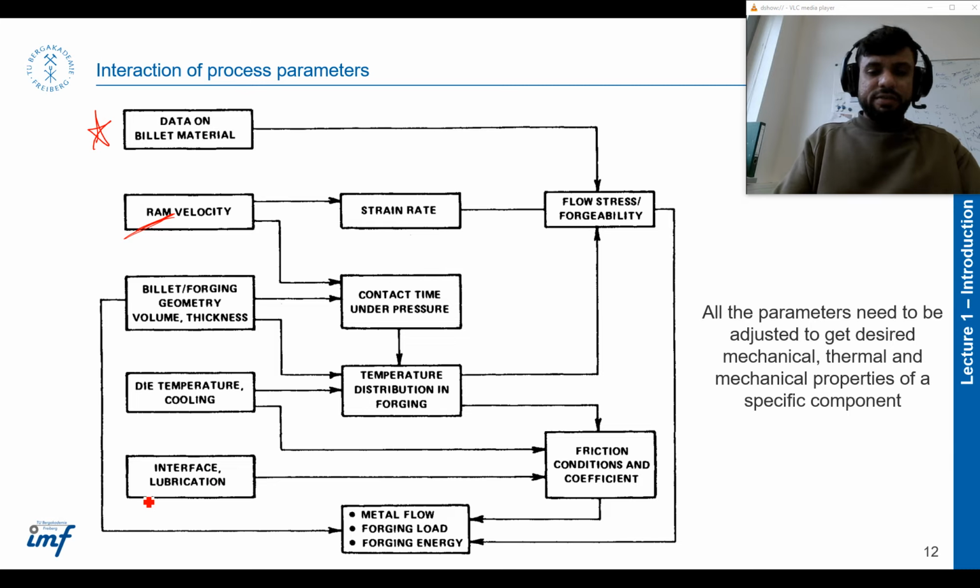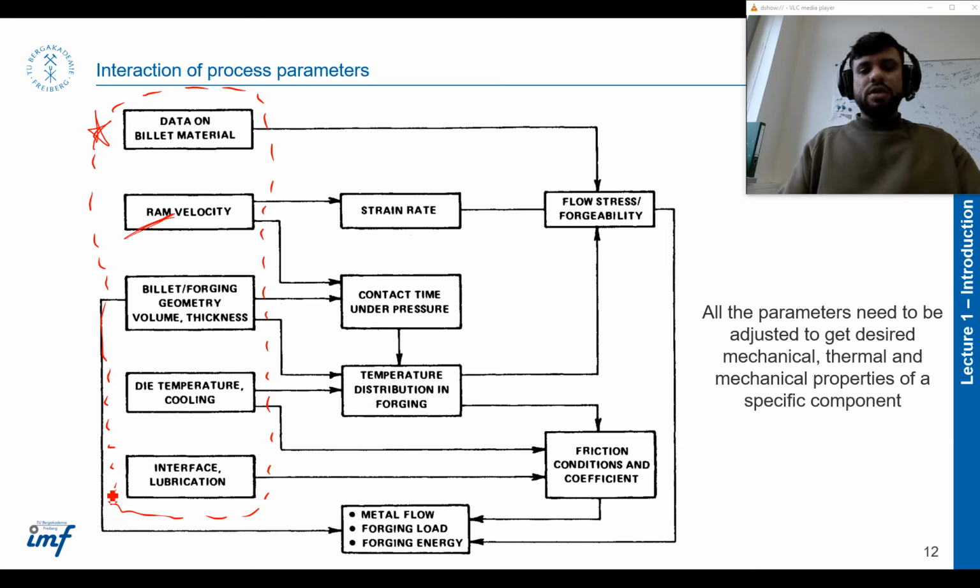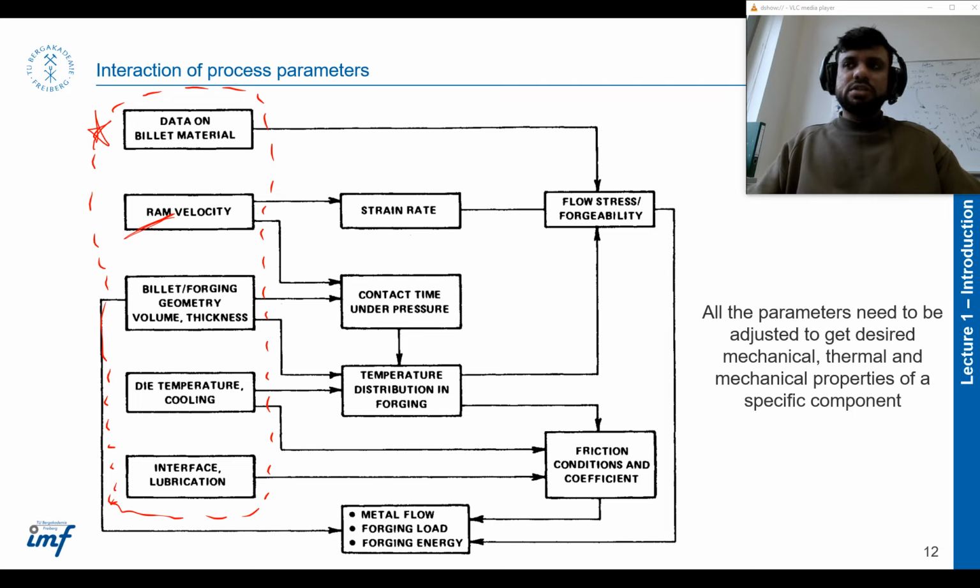So basically, these are all the input parameters which we get from any process, if we want to draw a sheet or if we want to draw a wire or whatever. So we will know what material we have, how fast we want to do it, what the temperatures are, what the die shapes or thickness or diameter are for which we want to shape it, and what the interface conditions are.